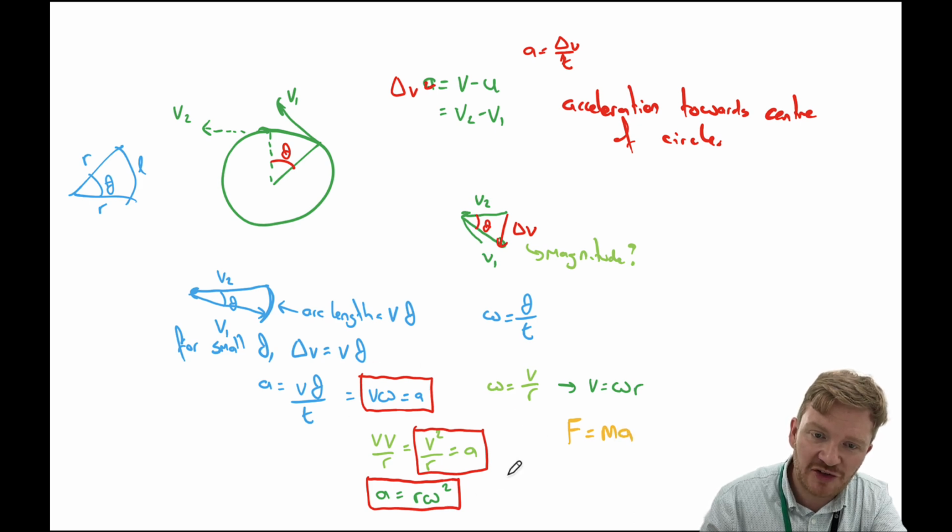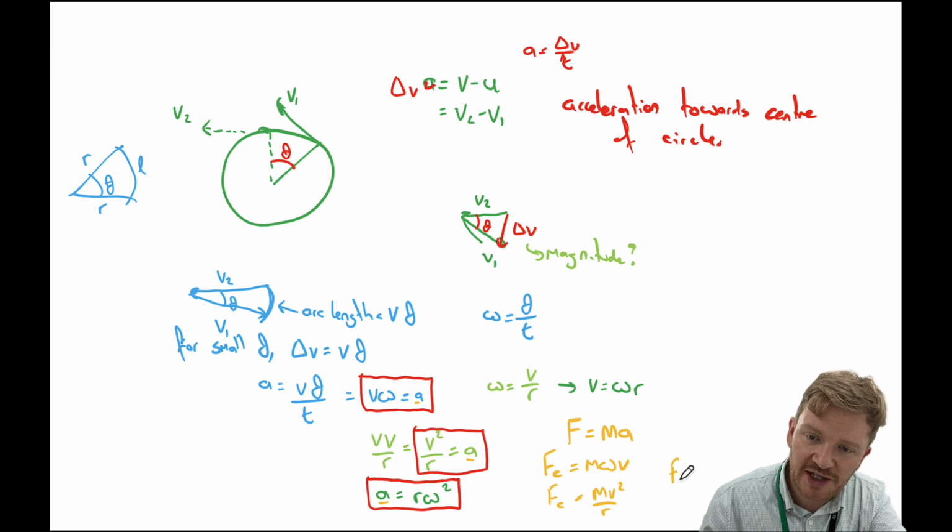So in order to turn these into forces, since I've got acceleration in all these cases, I can say that centripetal force is equal to m v omega. I can also say it is equal to m v squared over r, or that centripetal force is equal to m r omega squared.